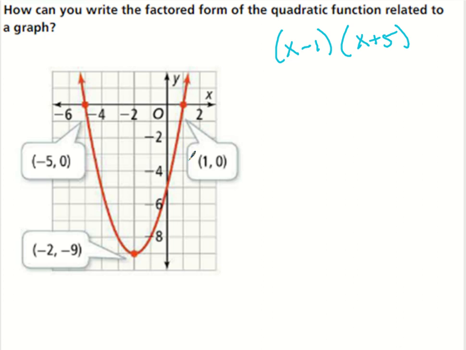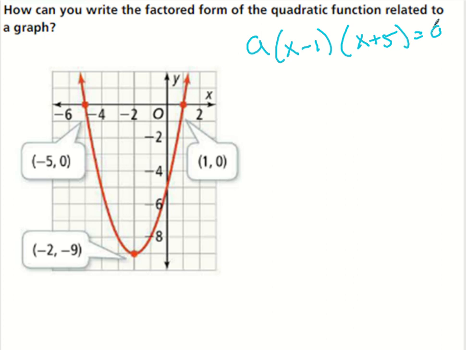But we want to make sure that there's no a term being multiplied by one of these that's going to be in front of the x. So this is my function. I set up my 2 intercepts to get me to 0, but I have to make sure there's no a value here in the front. So from here I'm actually going to plug in a point to solve this particular equation.